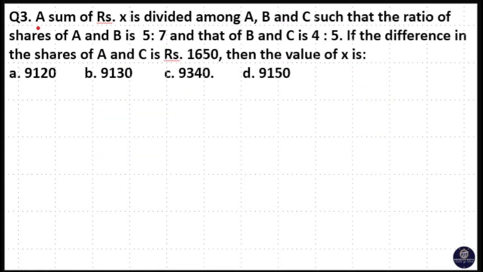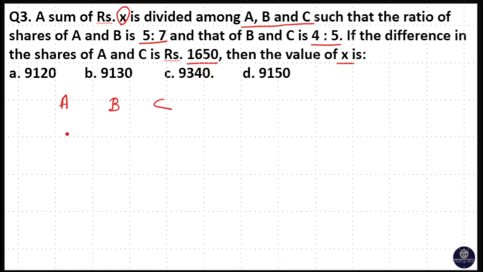Next is question number 3. A sum of rupees X is divided among A, B and C such that the ratio of shares of A and B is 5:7 and B and C is 4:5. If the difference in shares of A and C is rupees 1650, then find the value of X. So we have three persons A, B, C. Rupees X is divided between them.